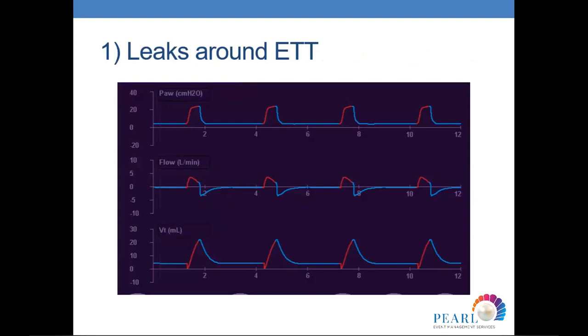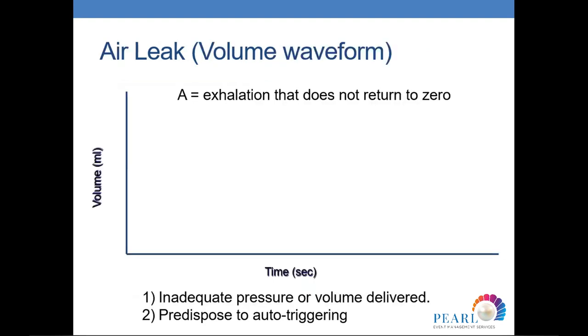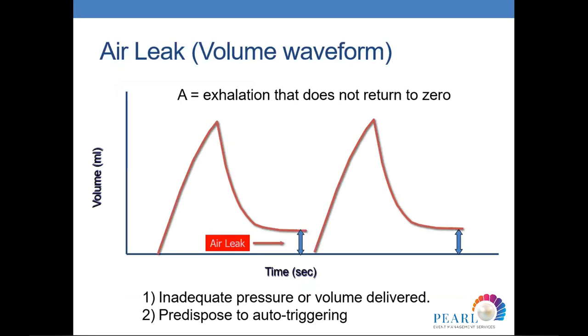If there is a leak, you will go to the volume waveform and you will see shouldering here. It's not reaching zero, so this means that there is a leak. How to differentiate between both? Shouldering: the flow is continuing and not reaching zero. So this is air leak.